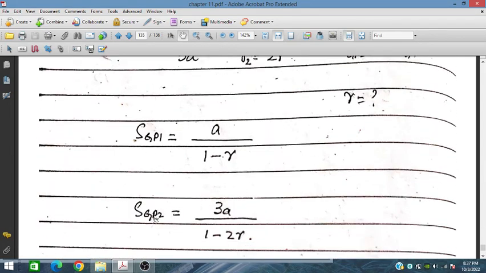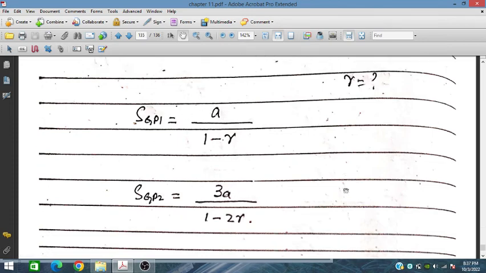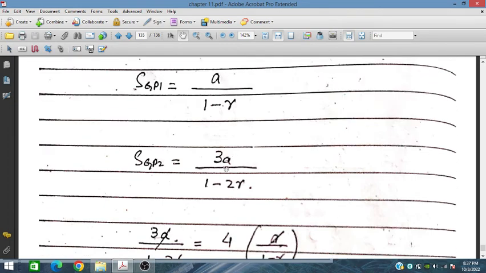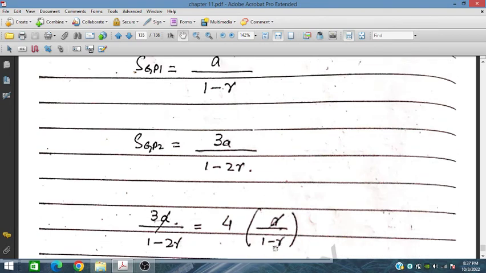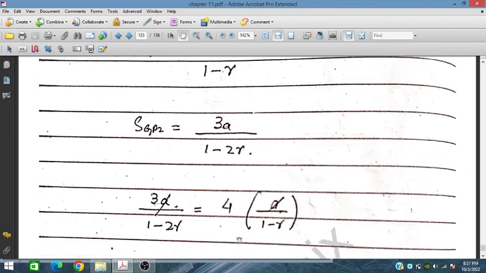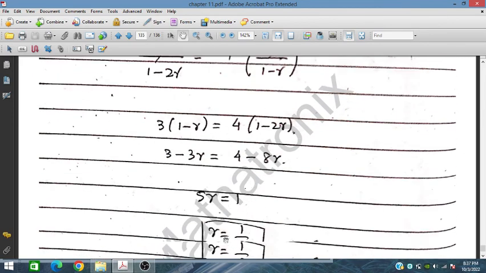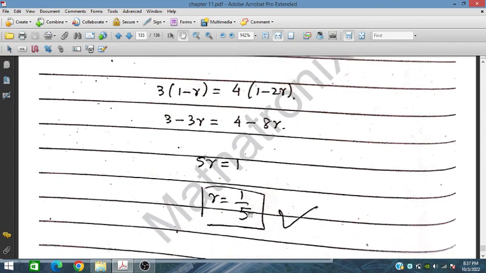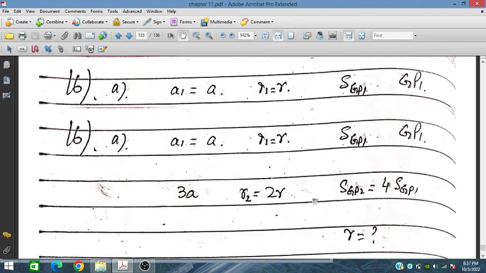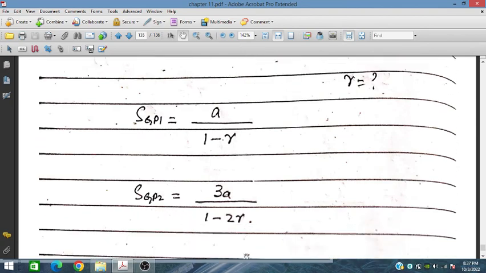So we can multiply this with 4 to equate it with this one. So this is SGP2, and this is 4 SGP1. So we solve it and get the value of 5r equal to 1. So r is equal to 1 by 5. So we have obtained the value of r from this, and place it here.